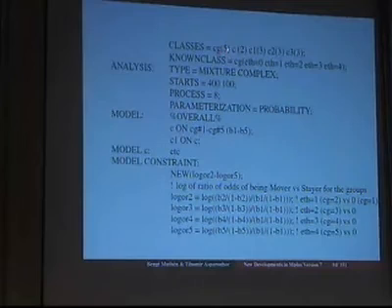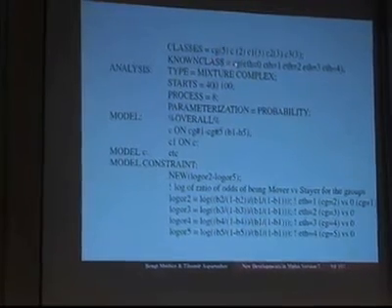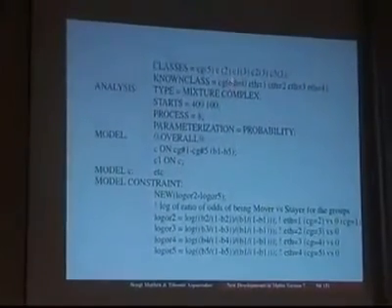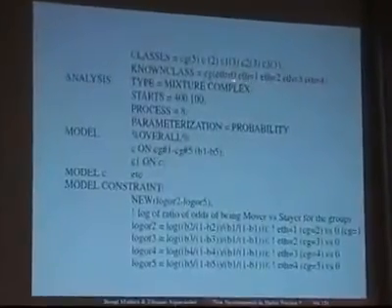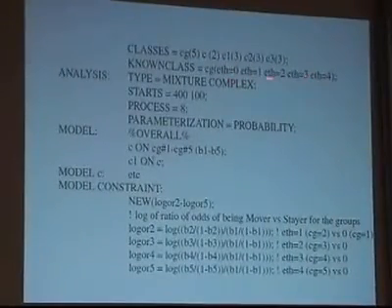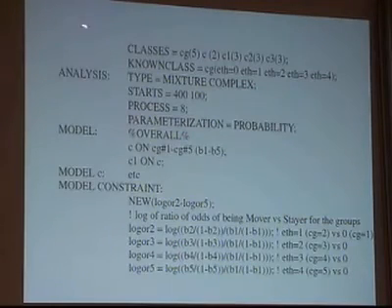So I have CG as my known class variable corresponding to ethnicity 0 through 4. So 5 different ethnicities. And I do a mixture modeling. Actually, I throw in a complex analysis here that is correcting standard errors for cluster sampling or weights. I can't remember which one it was.